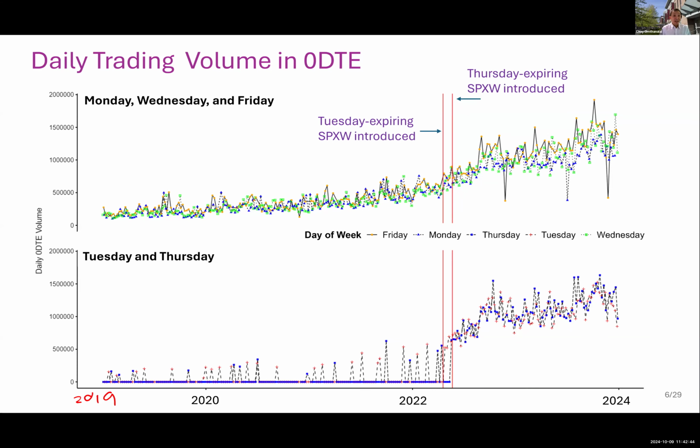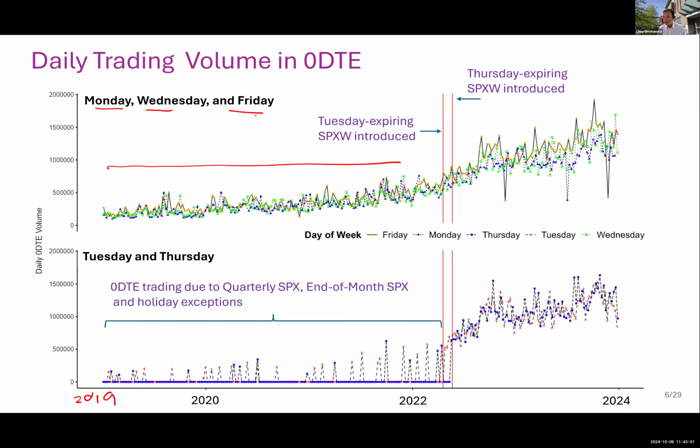An interesting thing here is that in this period, trading of 0 DTE on Monday, Wednesday, Friday was commonly observed. That's because of the regular weekly SPXW that expire on those business days. But we also observed some trading of 0 DTE on Tuesday and Thursday.